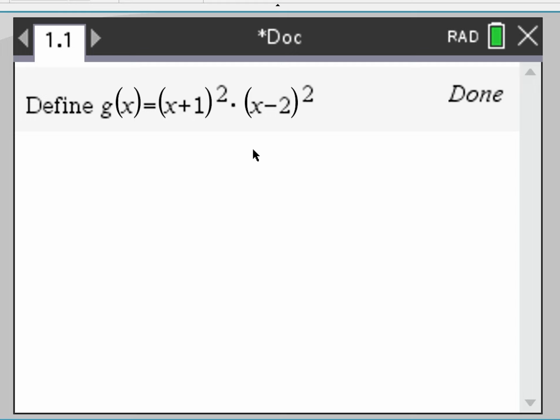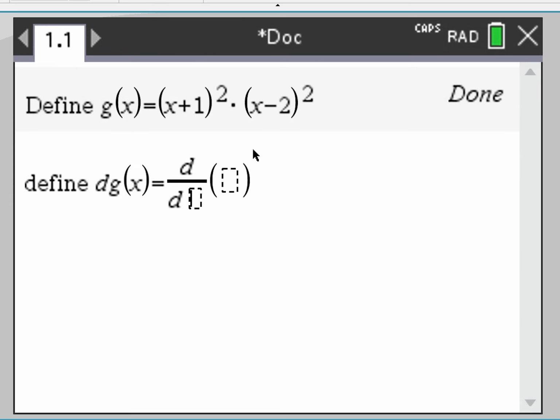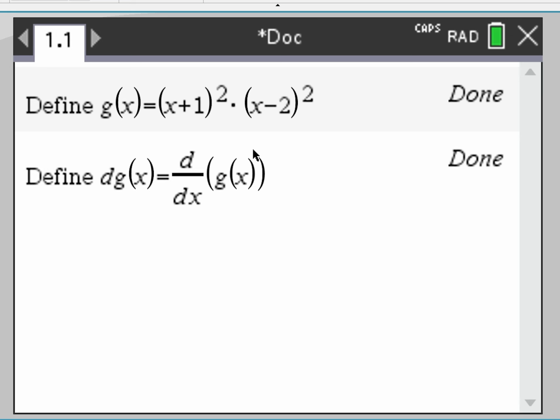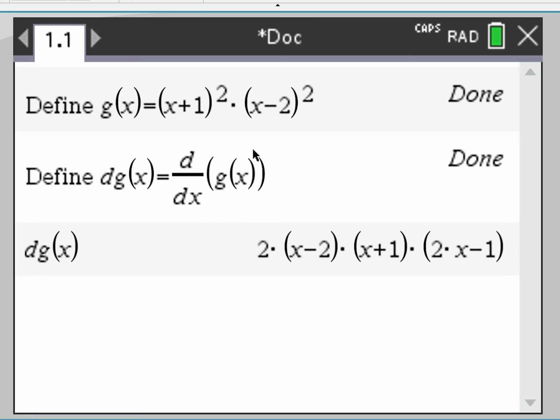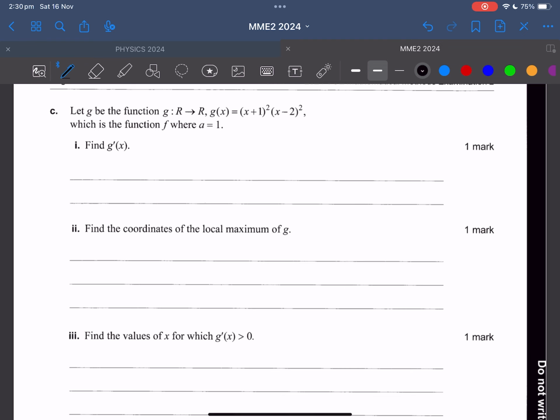Enter. So let's find the derivative. Define g'(x) equals menu, 4, 1, x, g(x), and now let's list the g'(x). Okay, cool. So our derivative is going to be 2 times (x - 2)(x + 1)(2x - 1).